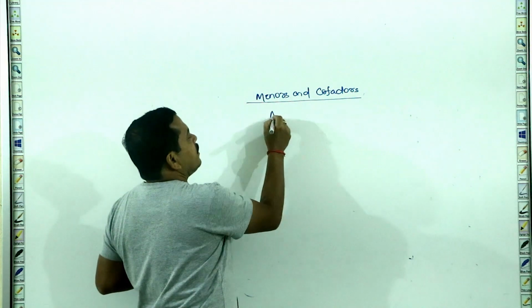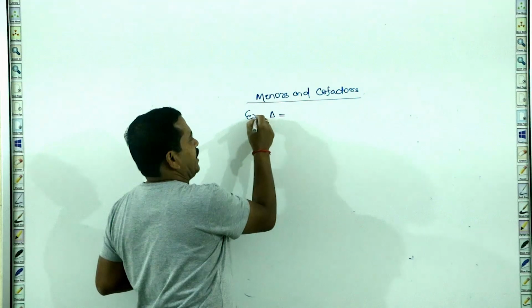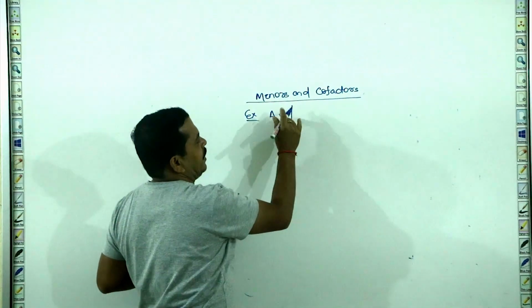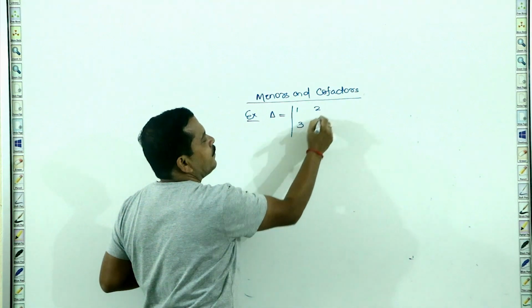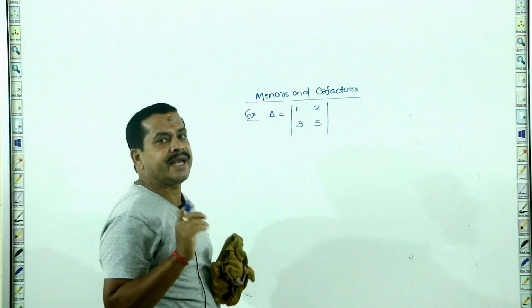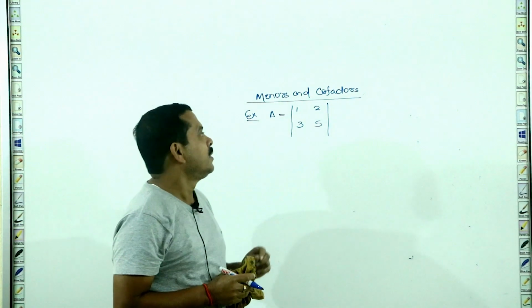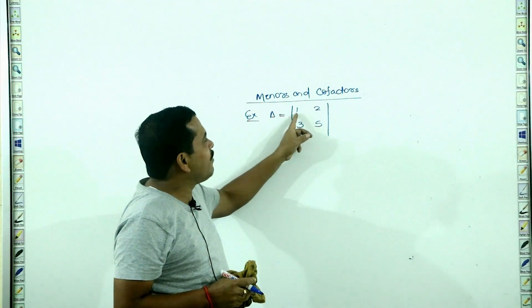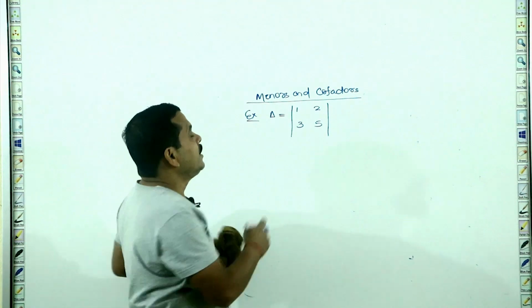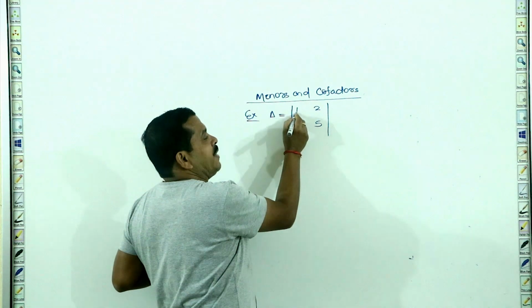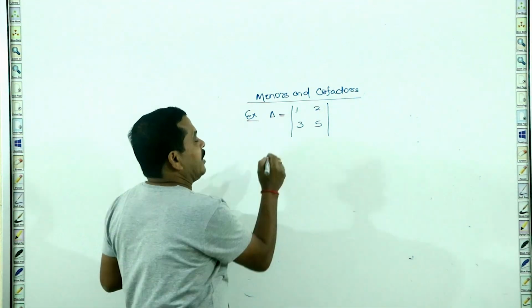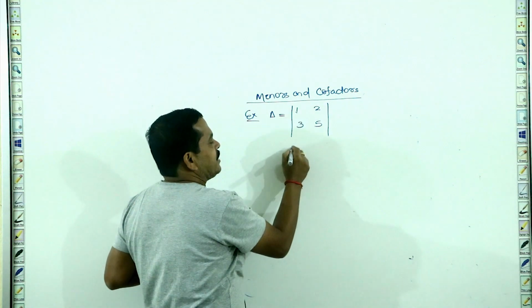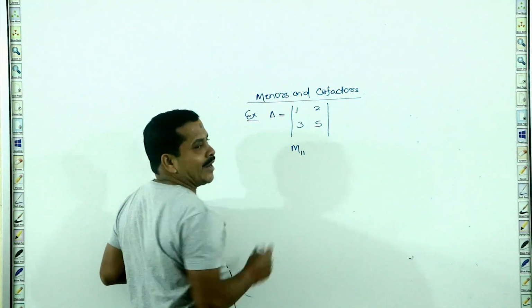Suppose a determinant, for a particular example, is 1 2 3 5. This is a second order determinant. First we have to find the minor of 1. Here 1 is the element of the first row and first column, then the minor of this 1 is denoted as M11.